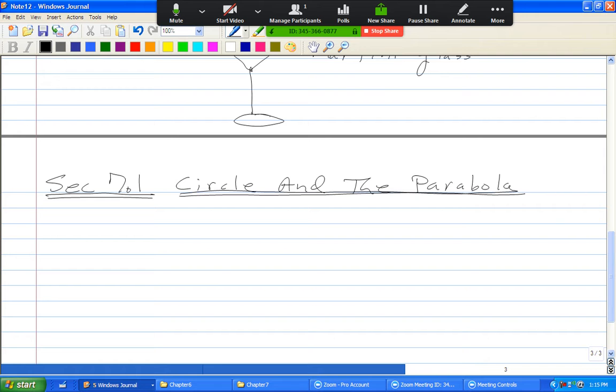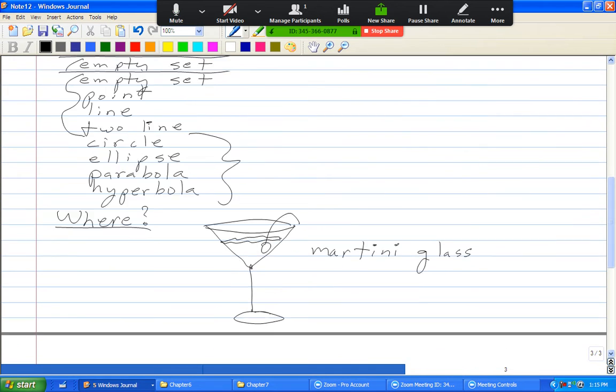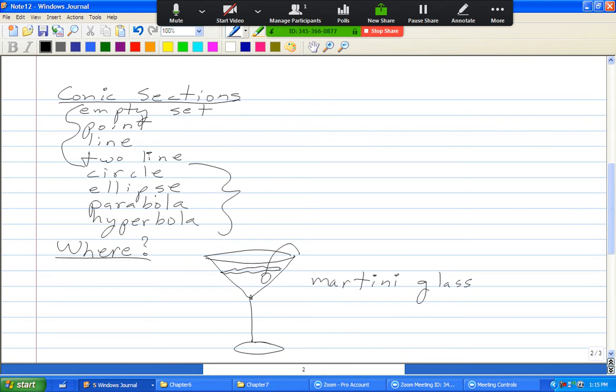Okay. So, well, actually, I should also say that in general, we can generate all of these objects by looking at the solutions to a quadratic in two variables.